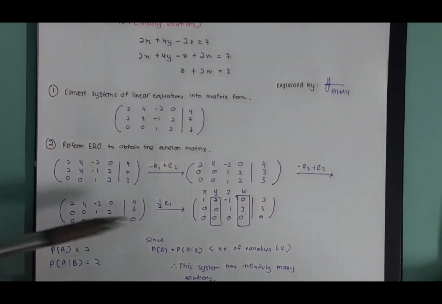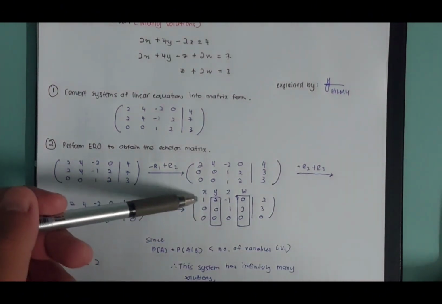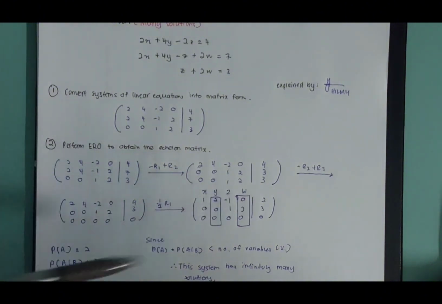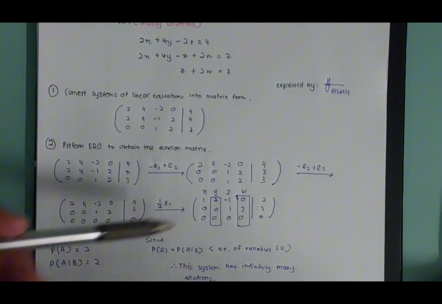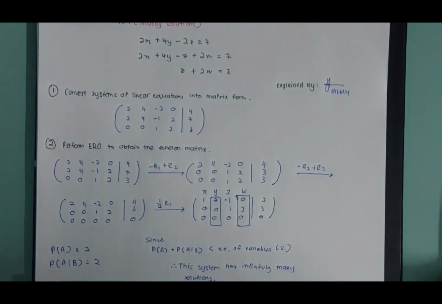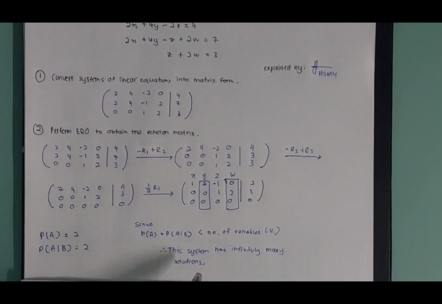So as you can see here, the rank of A is equal to 2, and the rank of AB is also equal to 2. So since the rank of A and the rank of AB are equal to each other, and it is less than the number of variables, which is 4, this system has infinitely many solutions.